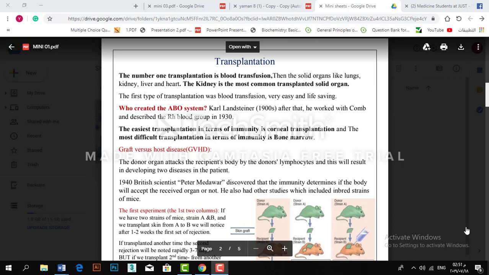Okay, هسا عندنا إشي أو مرض اسمه Graft versus host disease. As the name indicates, it is a process where the donor T lymphocytes start attacking the recipient's body. So the donor organ attacks the recipient's body by the donor's lymphocytes, and this will result in developing two diseases in the patient.